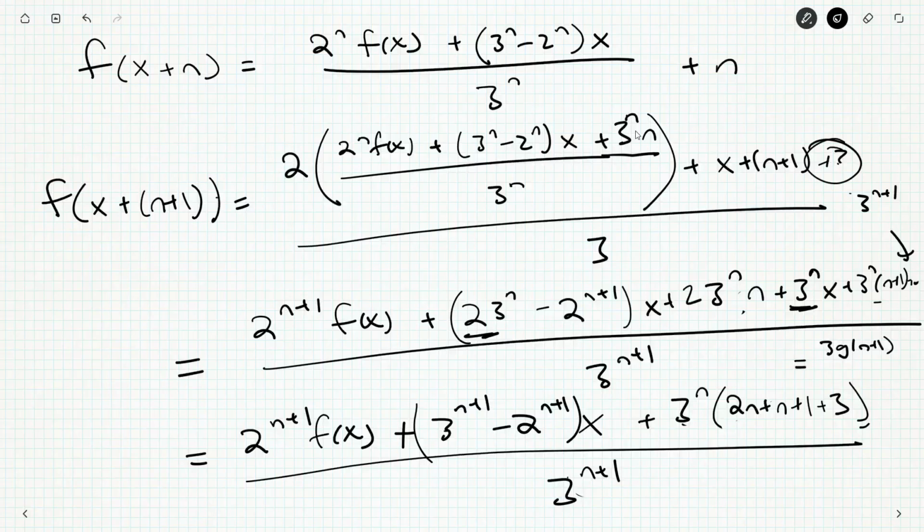What did I write there? So 2f of x plus x. In this case, it's not x plus 1, it's just x plus n, because it's the previous number. And so that doesn't become an n plus 1, that becomes a 3n.